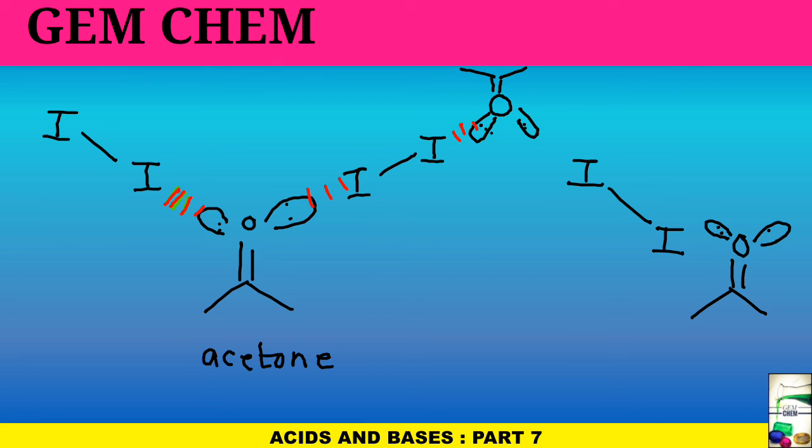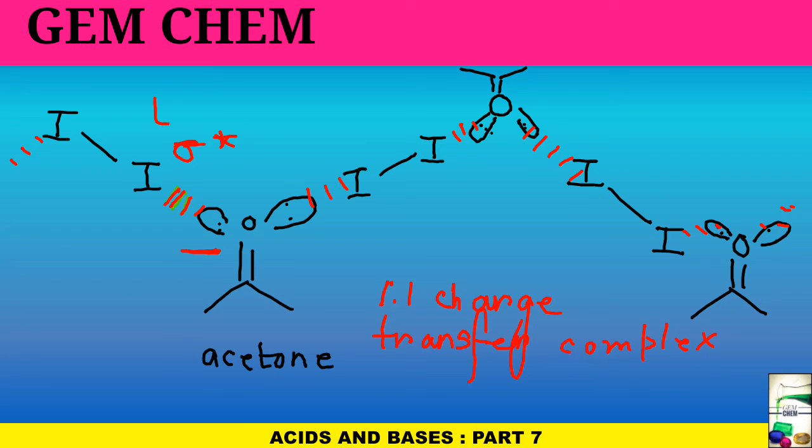Here also these bonds go on for each case. So this is the 1:1 charge transfer complex, and in this case electron density from the lone pair of the donor solvent is donated to the vacant sigma star, that is the LUMO of iodine.